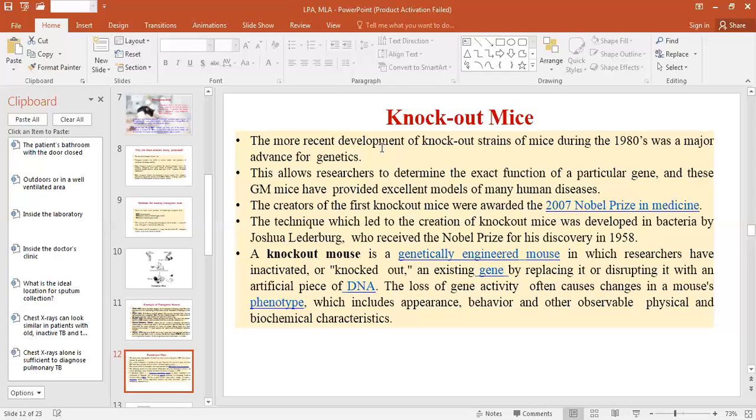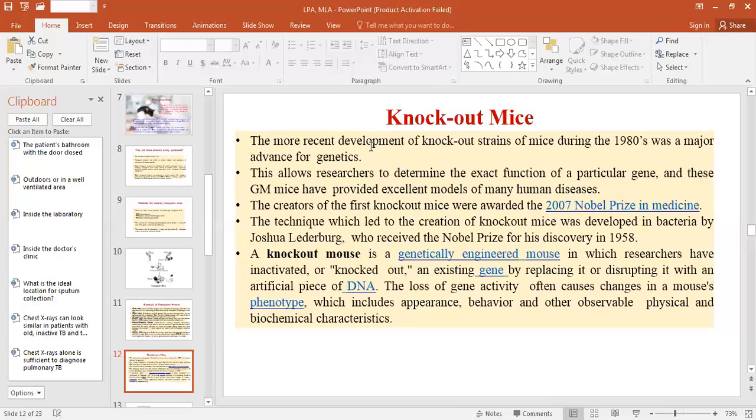This particular technique, which led to the creation of knockout mice, was developed in bacteria by Joshua Lederberg, for which he got the Nobel Prize in 1958. It's a genetically engineered mouse in which researchers have inactivated or knocked out an existing gene by replacing it or disrupting it with an artificial piece of DNA.